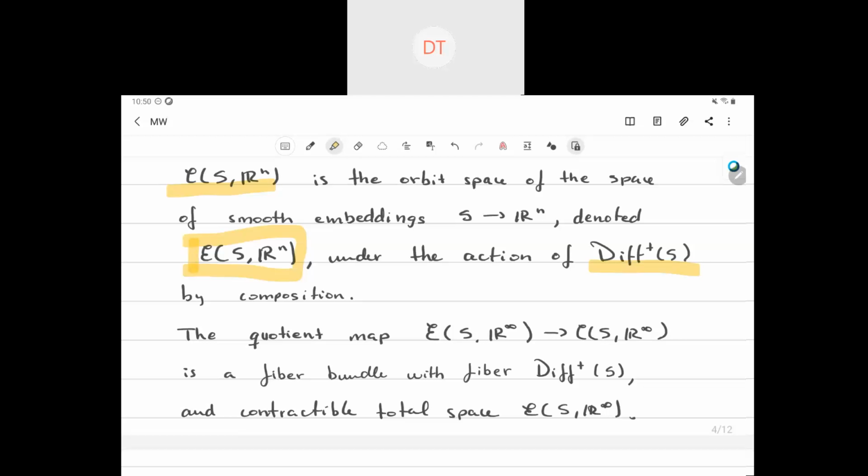So if this does not make sense, let me know and I'll try to say it in another way. And so we embed S into R^n, consider its class under this diffeomorphism group, orientation preserving diffeomorphisms. And that's going to be your set of configurations of S in R^n.